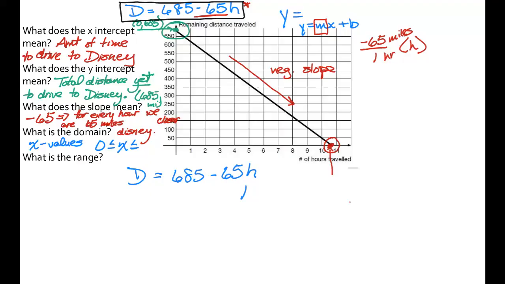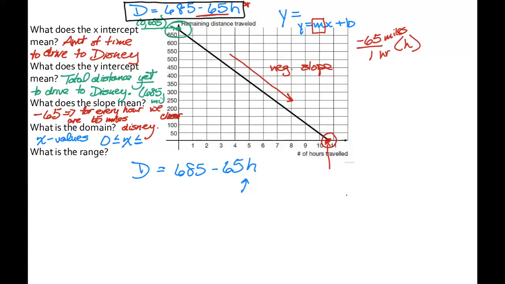If I'm trying to solve for H, what is my D value at this point, because that's my highest hours? What is my distance remaining at that point? It's 0. So we want to say 0 is 685 minus 65H.